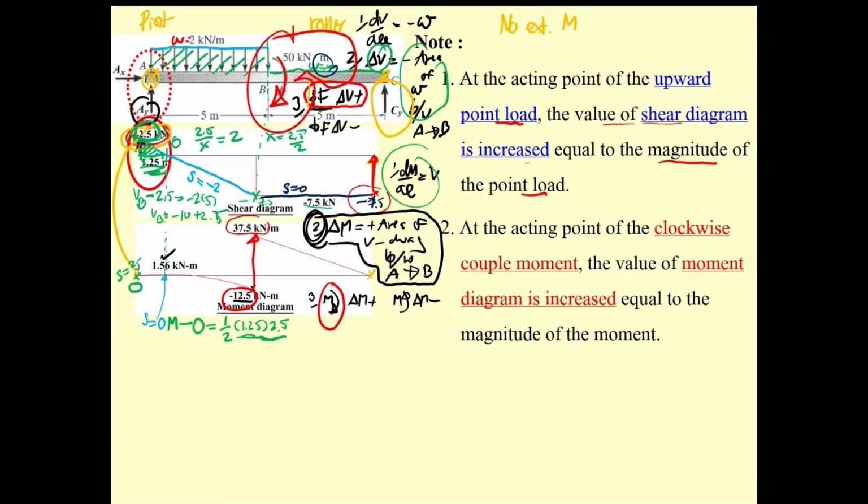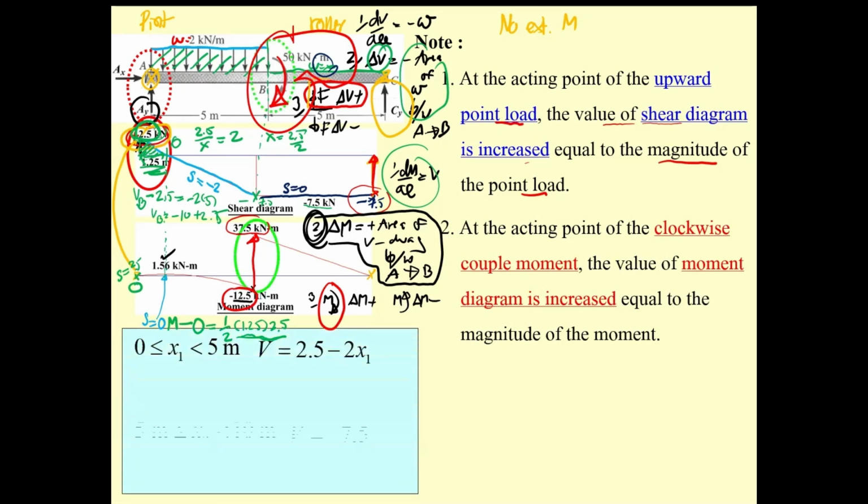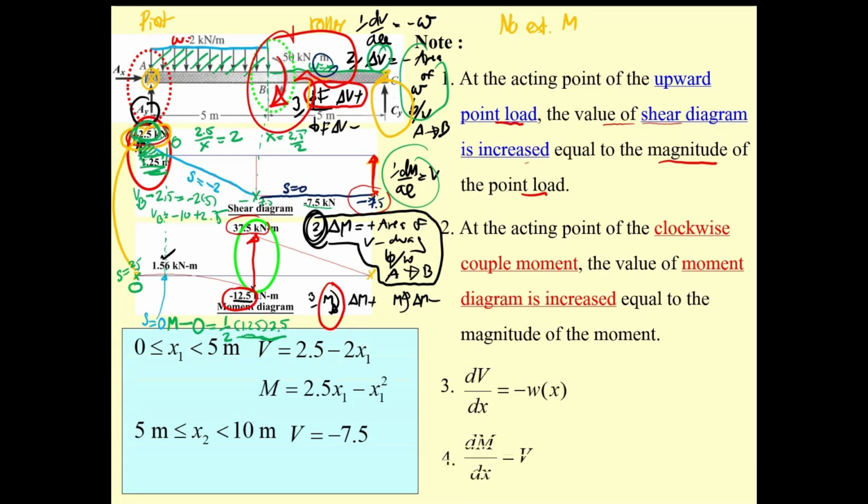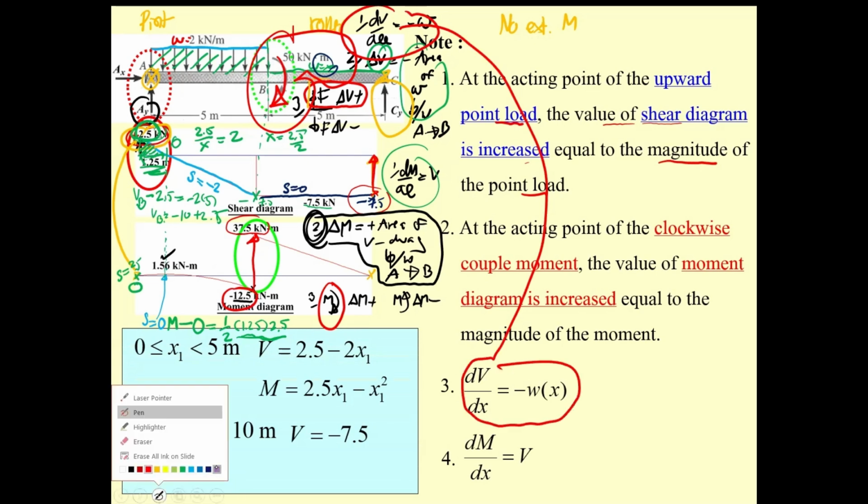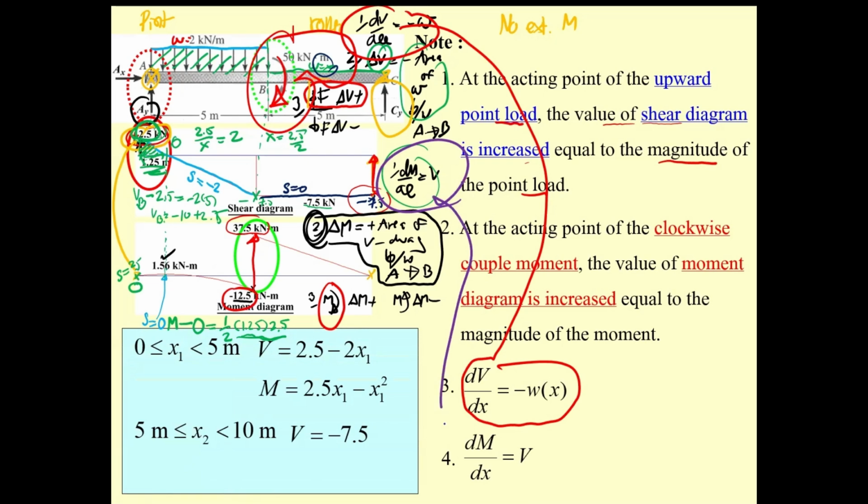Okay, and then there are the other things to be noted, as Ajahn did mention. This one is going to be this one, and also this one is going to be this one, by putting the knowledge from method of section transforming to be the relationship between what?